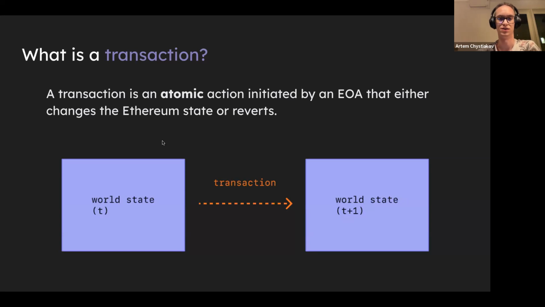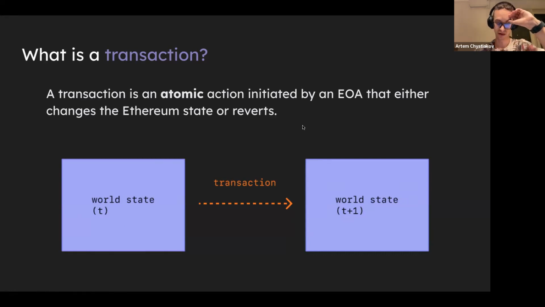Transactions are atomic, which means that if anything happens inside the transaction, it either completely applies or reverts. So it can't partially do something. It either does it completely or reverts the changes to before the transaction was initiated.